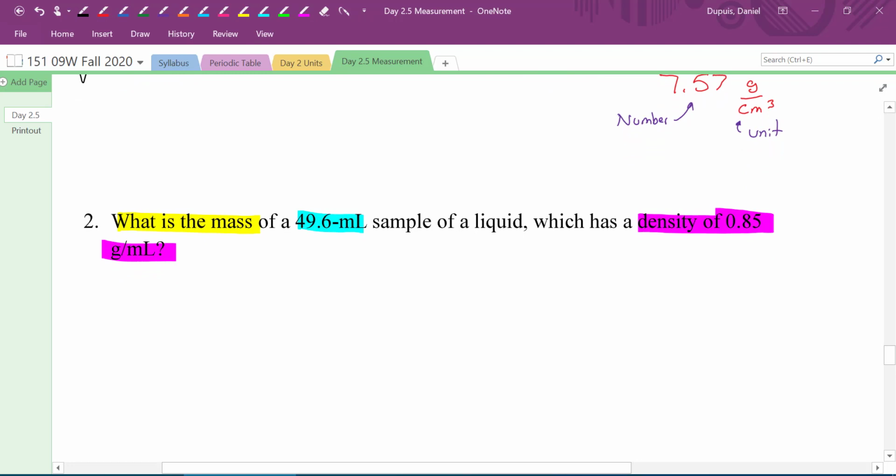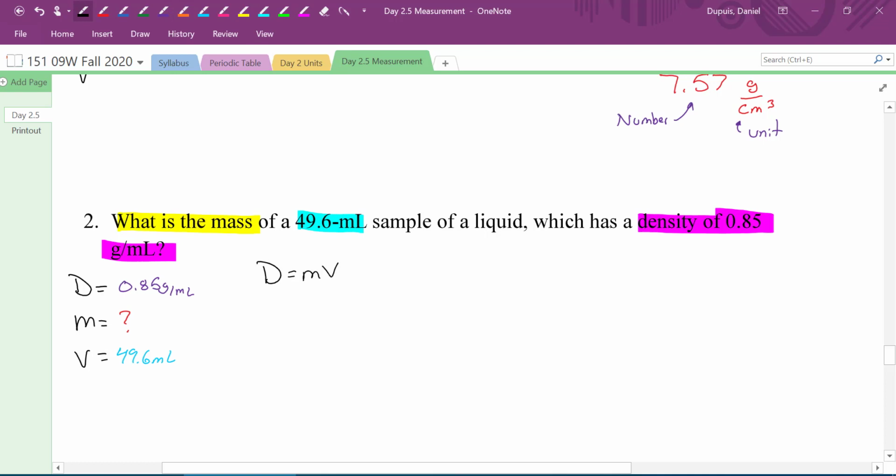First way, just like we did above, we have a volume of 49.6 milliliters. I'm looking for the mass, and the density is 0.85 grams per milliliter.